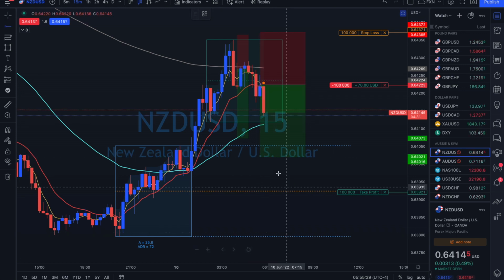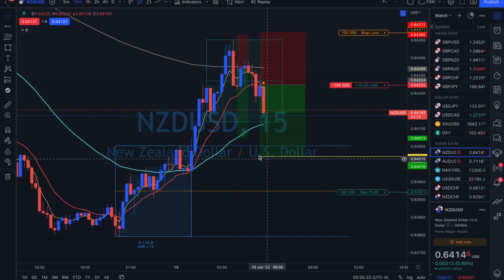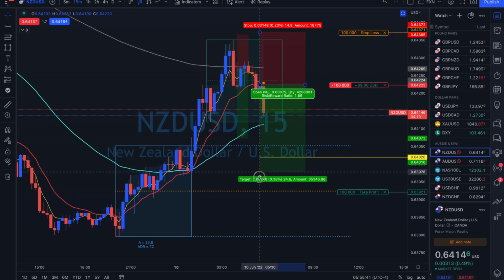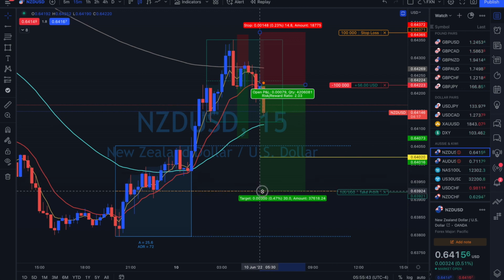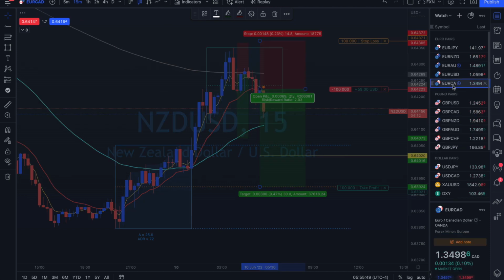It's around that area there. And that's where I'm looking to reduce my risk. At this point, I don't even want to look at these trades, honestly.